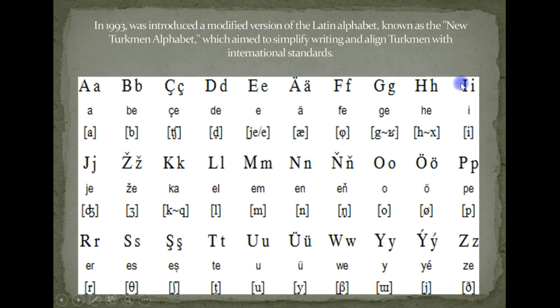We have 30 letters here, 21 of them consonants and 9 vowels. In the next videos we will read these letters, and we will study the vowels and consonants, the classification of the vowels, and the classification of the consonants.